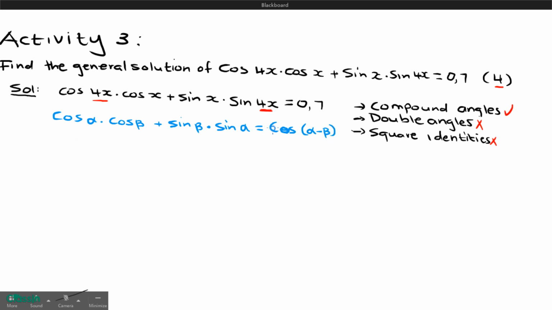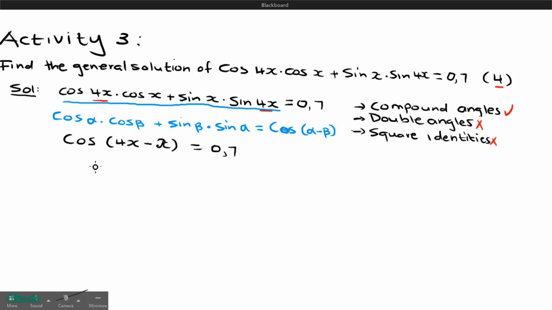If you check here, we have more or less the same situation. So instead of going to the double angles, we can simply use the compound angles, which we can write as cos of 4x minus x equals 0,7.